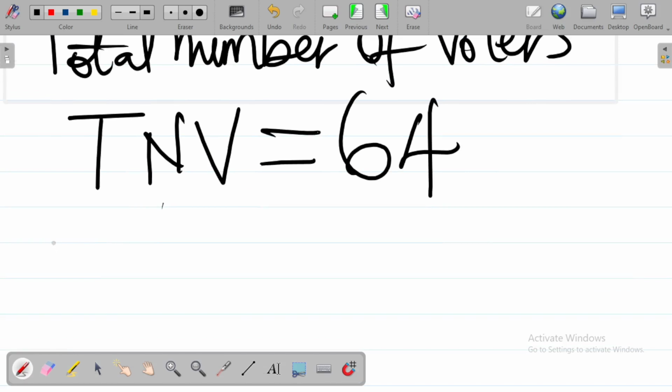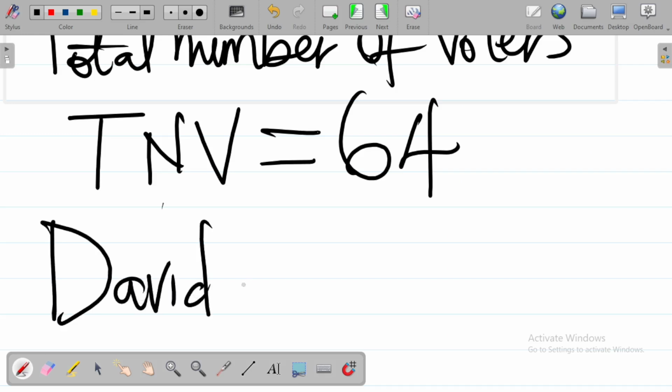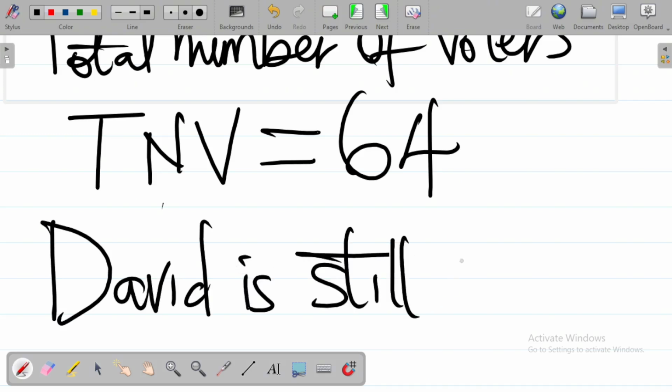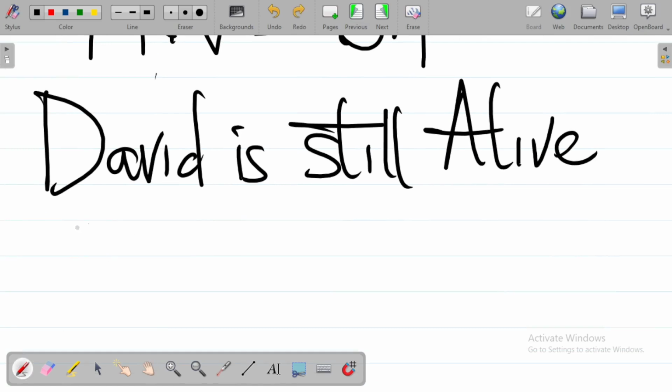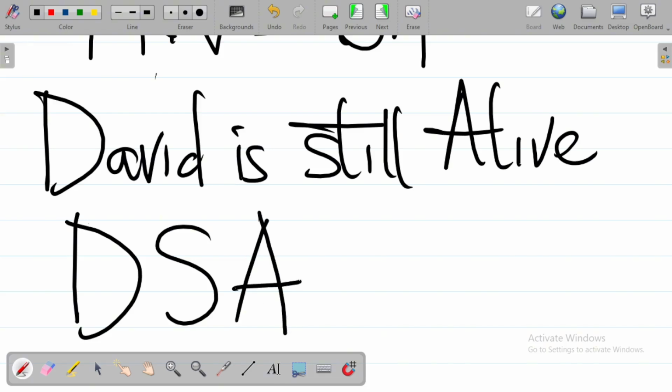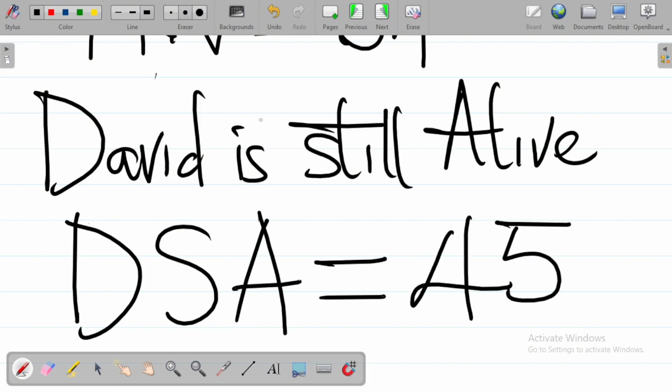And also, it says 45 believe that David is still alive. So let's say David is still alive. Let's call this DSA. DSA is equal to 45.